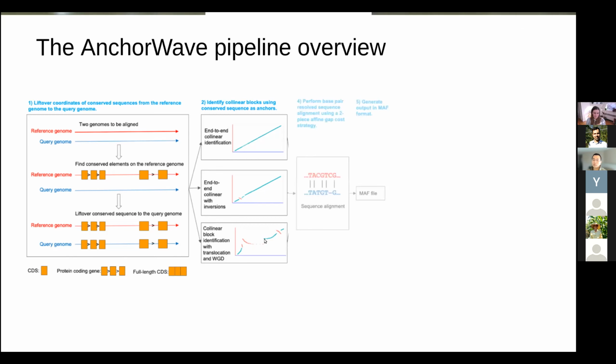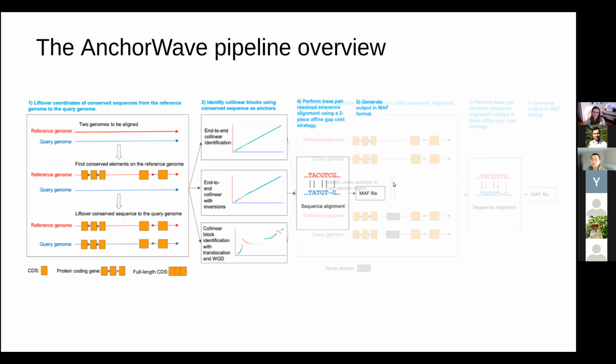Then we use a two-piece affine gap cost strategy and a global alignment strategy to perform base pair resolution alignment for each anchor and inter-anchor region. Then we concatenate the base pair alignments in each collinear block together and output the alignment in MAF format.